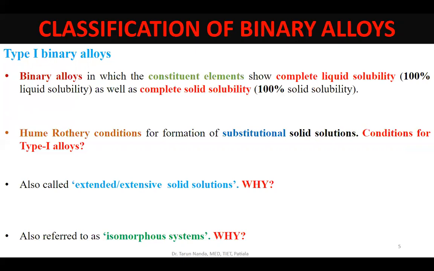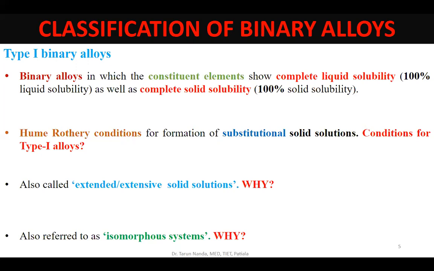Complete solid solubility means that when you take these two elements, you can take them in any weight proportion, and when the system on cooling gets solidified, these two constituent elements will always form a single solid solution irrespective of their weight proportion. So for example, if you take two elements A and B to form a binary alloy, and they are showing 100% liquid solubility, that means you take 1% A, 99% B, or 1% B and 99% A, or any weight ratio.